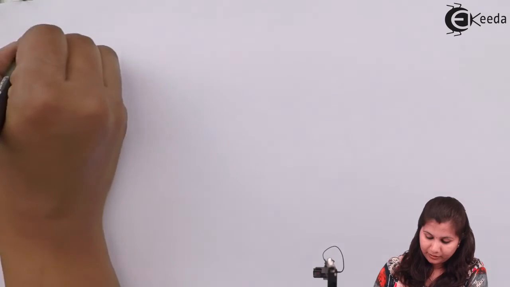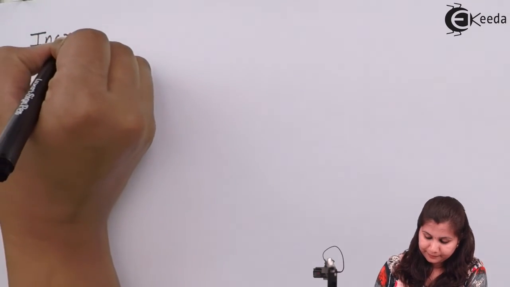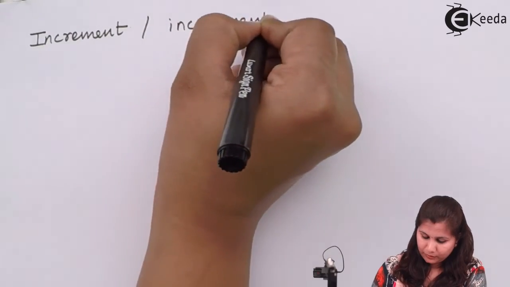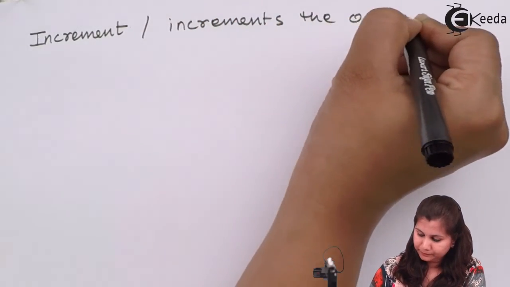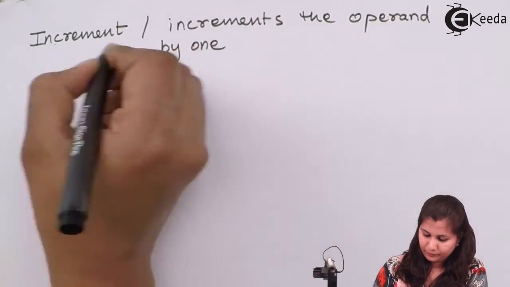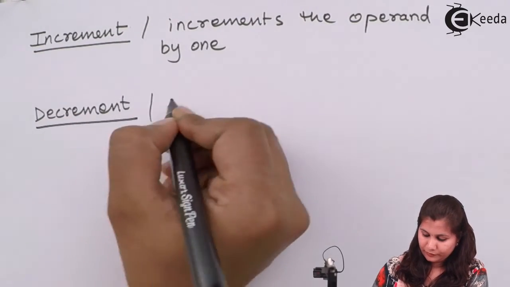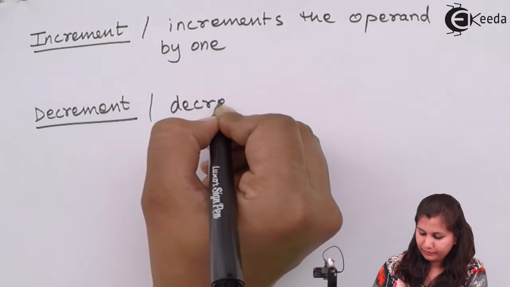Just like that, if the contents are 25 and we decrement it, the new contents will be 24. So increment and decrement instructions are there, which decrements the operand by 1.